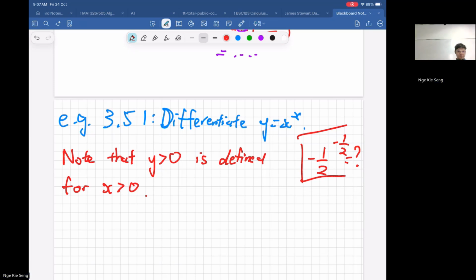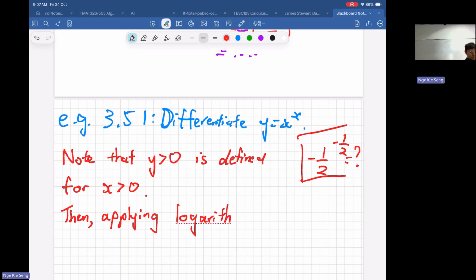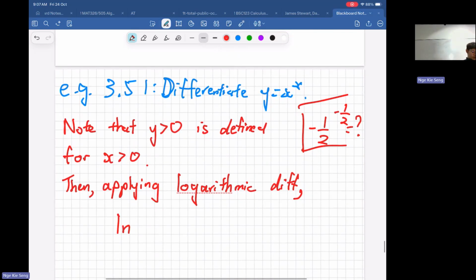Okay, so then applying logarithmic differentiation, we get ln y equals ln of x to the power x.